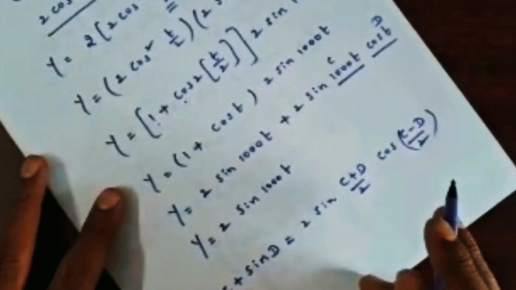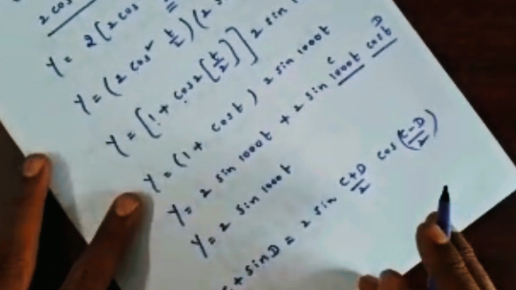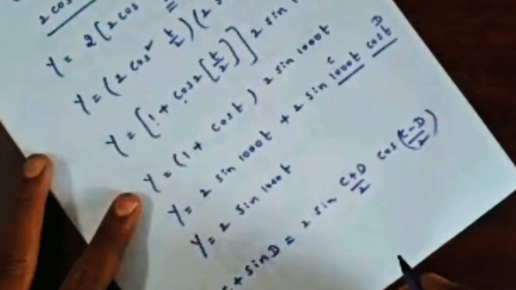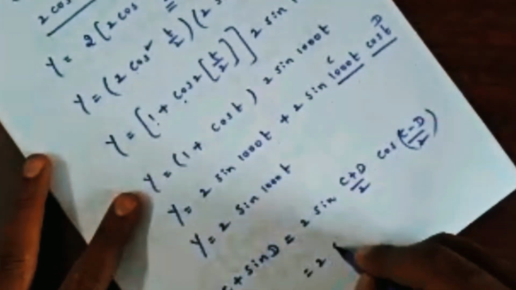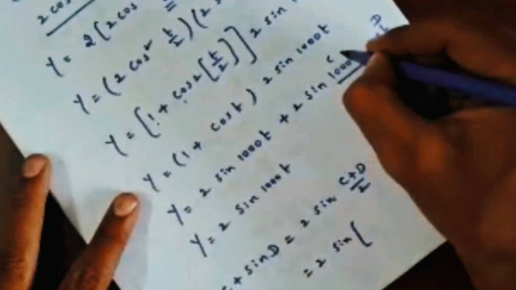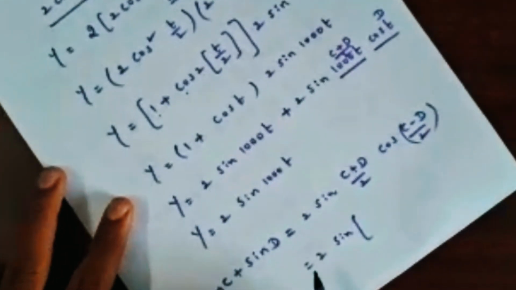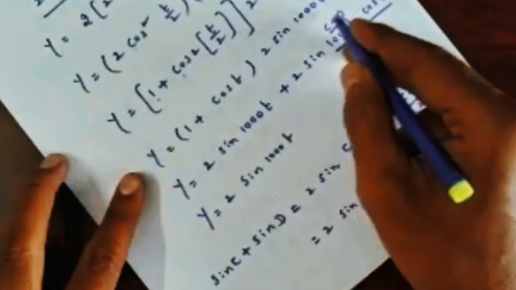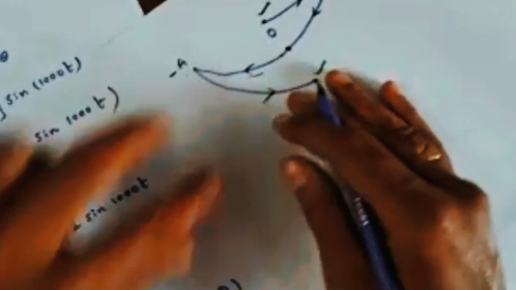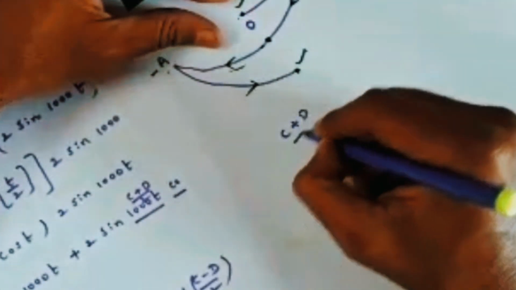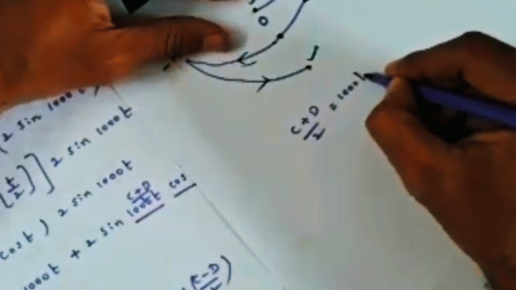Okay. So now I'm taking it in the same form. Here 2 as it is, sin of c plus d by 2. In the place of c plus d by 2, what's the value? Just observe carefully, very, very important problem this is. It is 1000 t.